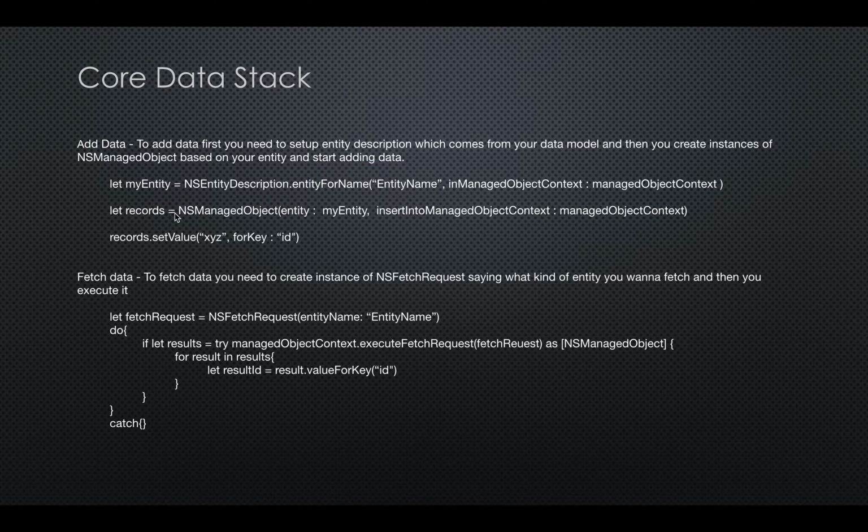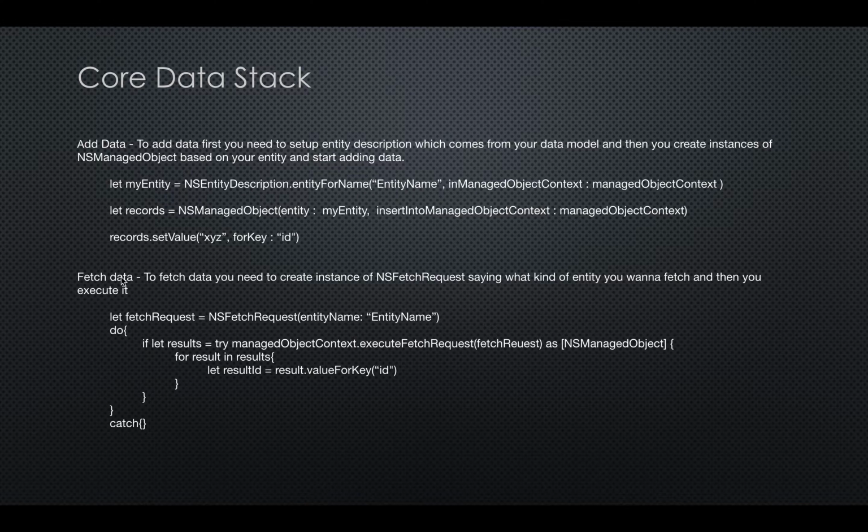And then once after this you will just have to call your managed object context reference, and then save it. So there is a function called save on managed object context, and you can just save it. I haven't shown it here. It's very simple. You can get it from any CoreData YouTube tutorial.